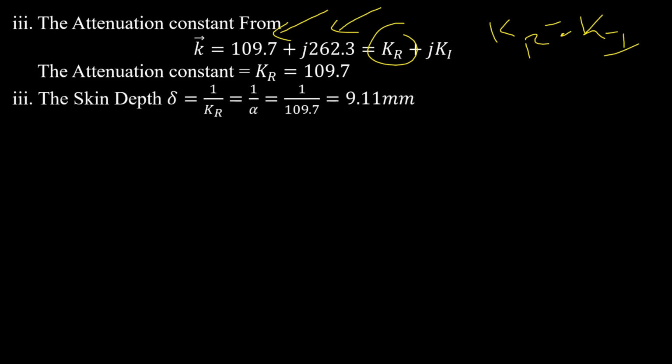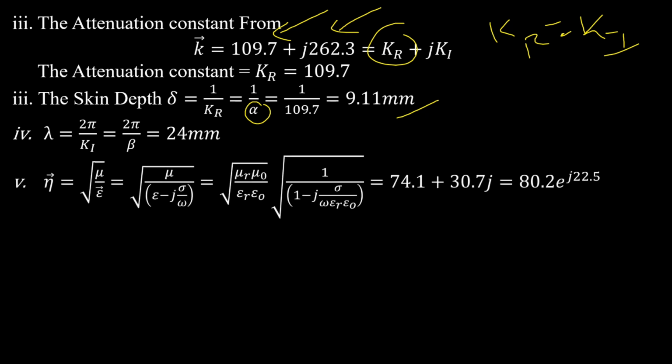So our skin depth is given as 1 over our attenuation constant. We can still represent our attenuation constant by alpha. So 1 over our attenuation constant should give us our skin depth. This is our expression for the wavelength we are asked to calculate.